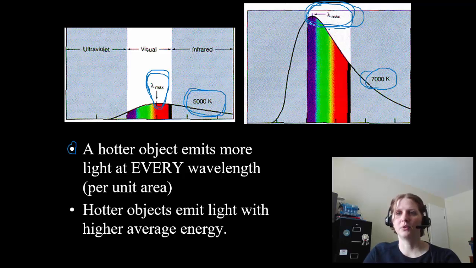As you heat it up, that maximum color, the average energy of your light, shifts towards the blue or towards the ultraviolet. So what this means is that hotter stars look bluer. Hotter stars look brighter. Hotter stars look bluer.